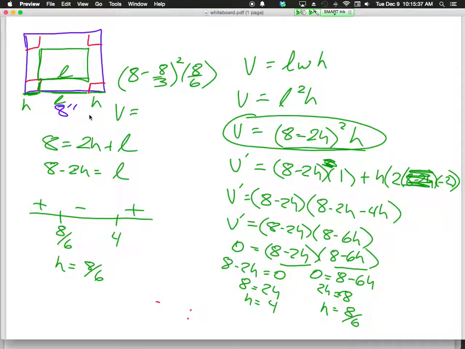Does anyone have 128 over 9? Give me a decimal. 14.2. That's not right. Did you square it? Let's put a square in there somewhere. 37.9.